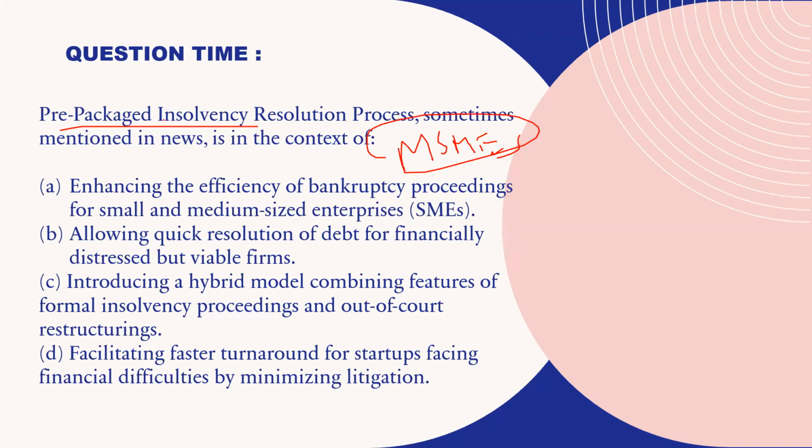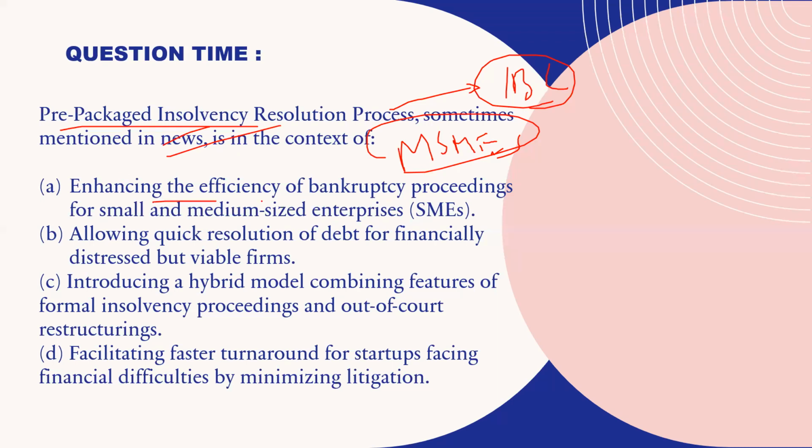For that they brought pre-packaged insolvency resolution, and this was amended to which act? Very good, it was amended into the IBC Act itself. So in an amendment to IBC, this has been brought, which is called the pre-packaged insolvency resolution process.